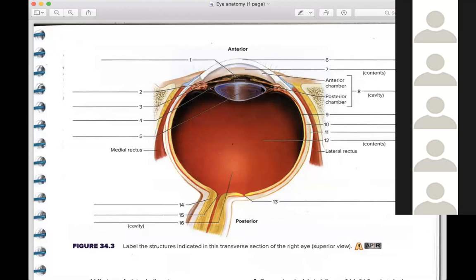All right. So let's start with a couple components of that outer tunic. Again, we're not going to go over everything, but I will point out some important ones. Let's start with number 6, the cornea. The cornea allows you to take light that's all around you and focus it.